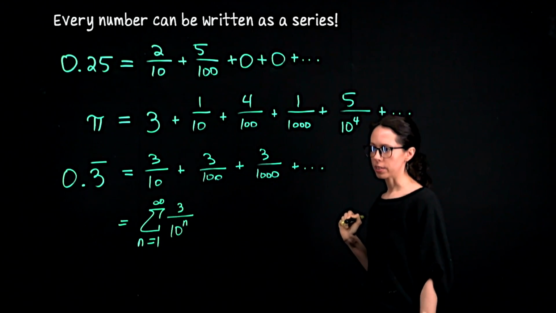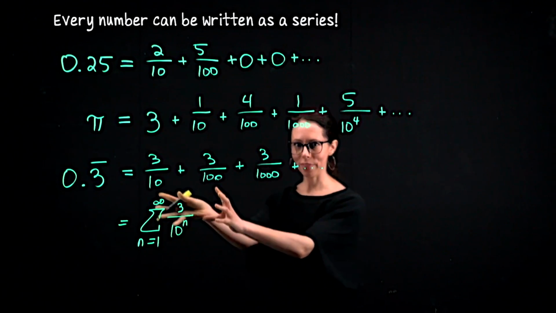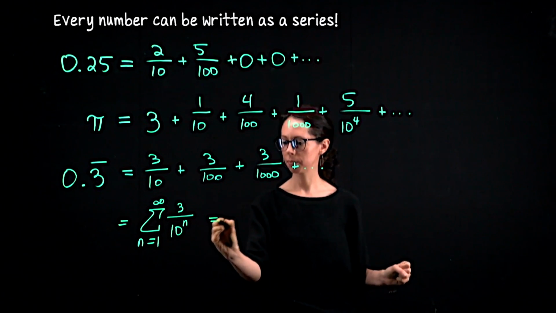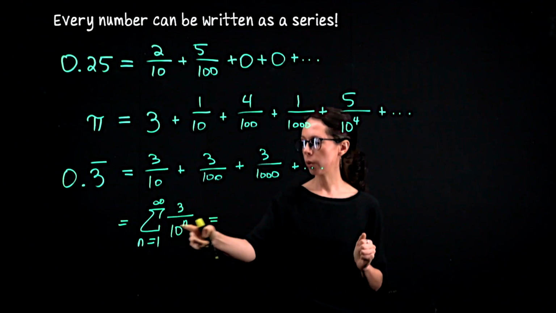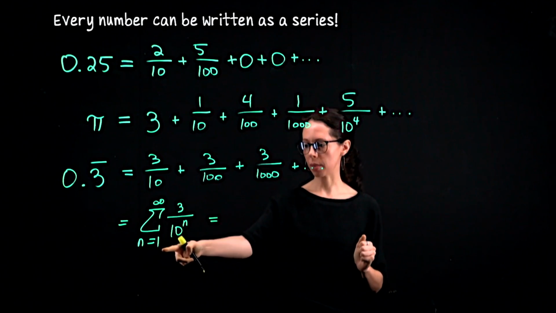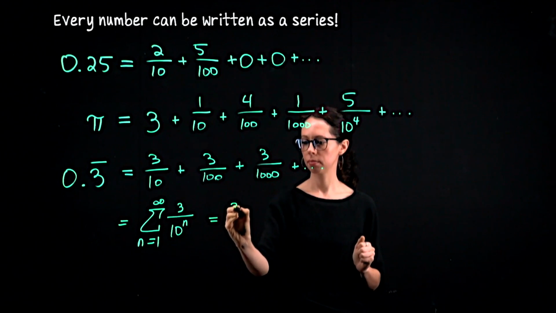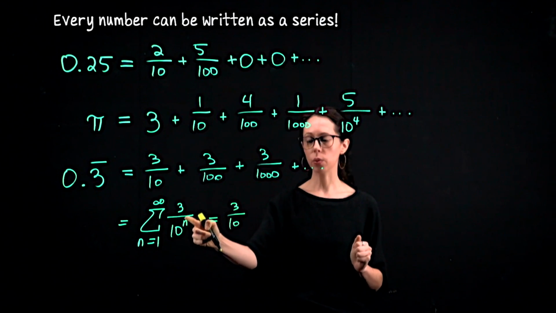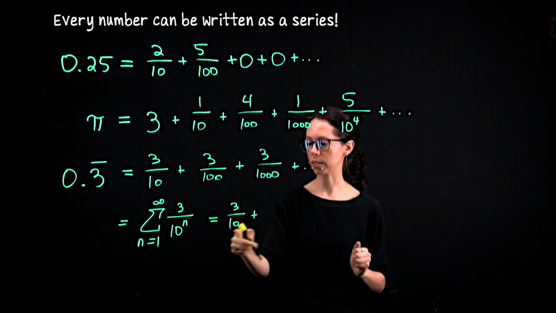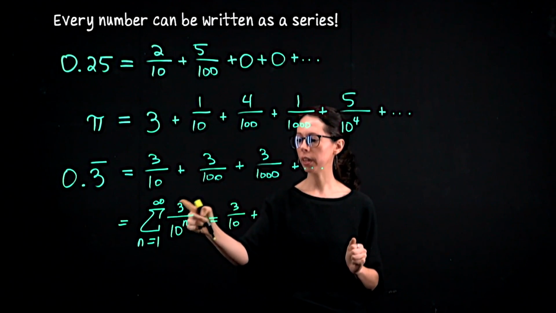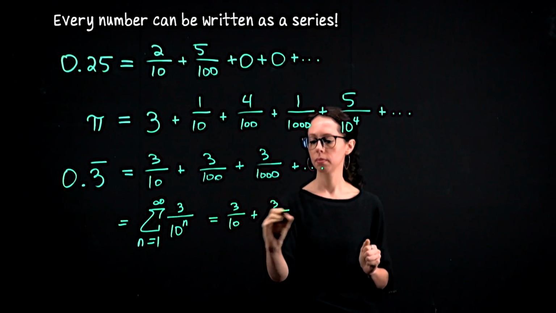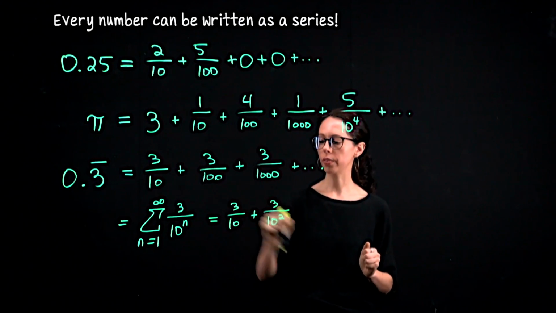Let's verify I've done this correctly. So let me now start with this and expand it out. When n equals 1, that's where we're going to start the summation. We have 3 over 10. When n equals 2, so then we go on to the next term, we're looking at 3 over 10 to the 2, or in other words, 3 over 100.